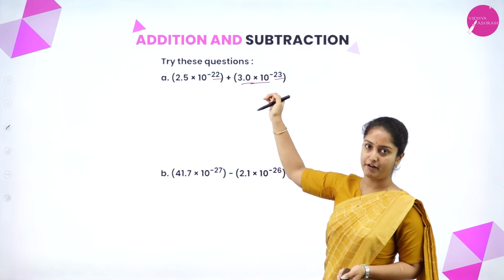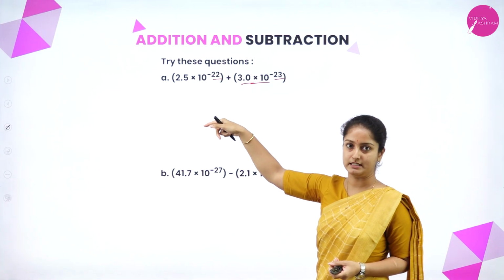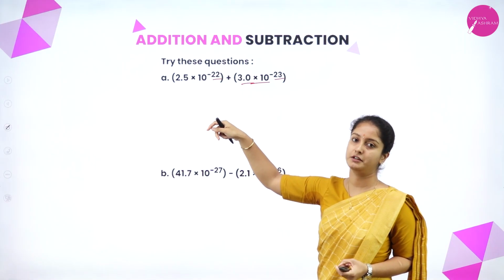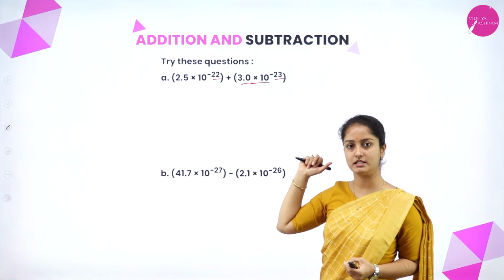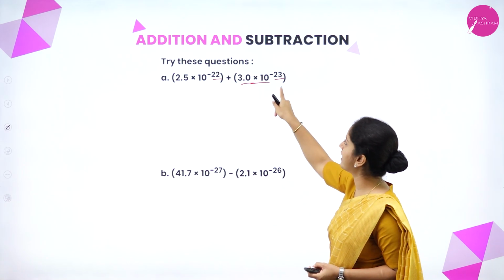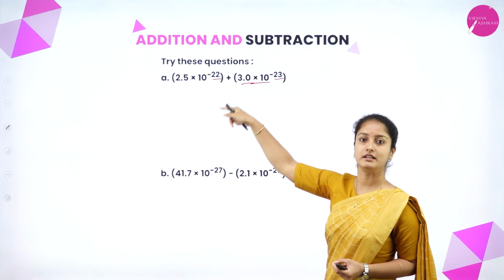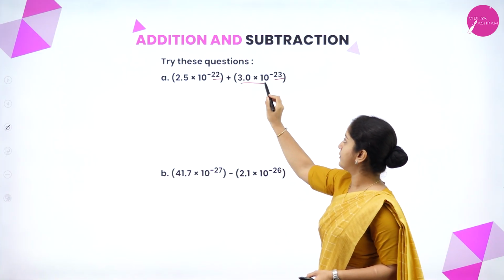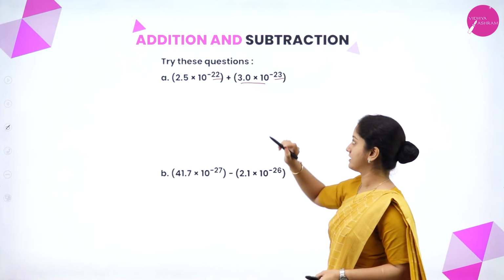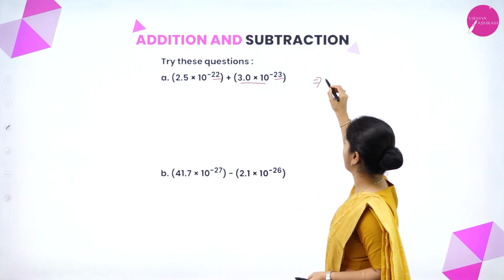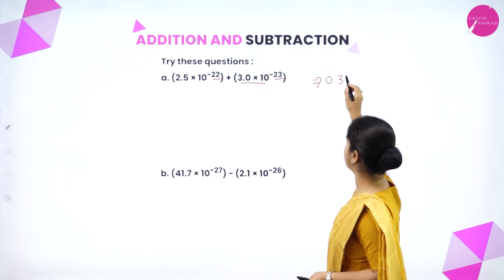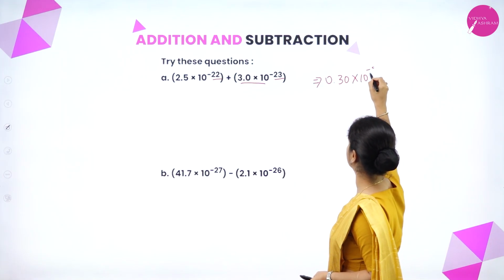Now if I move the decimal towards the right side, it is a negative integer. Towards the left side is a positive integer. Now I have to increase the power, so I'll have to move towards the left side. So this 3.0 into 10 power minus 23 becomes 0.30 into 10 power minus 22.